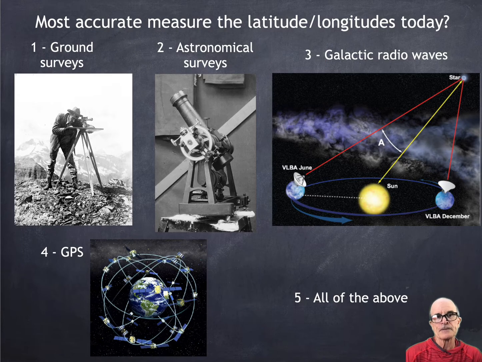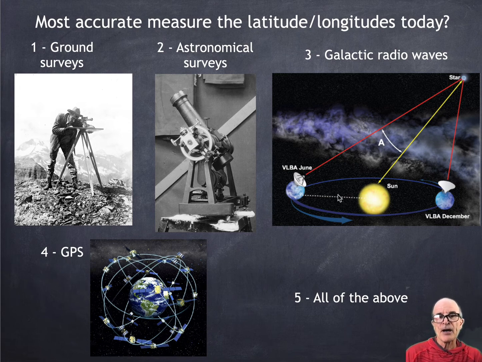So the most accurate measurements of latitude and longitude today, we ask a question. They're actually these galactic radio waves. There's a series of these very long baseline array star measurement observatories. There's over 100 around the world on various continents, and they can give us millimetric estimates for locations as the Earth spins around the sun and as the Earth rotates itself and as the plates move across the planet.